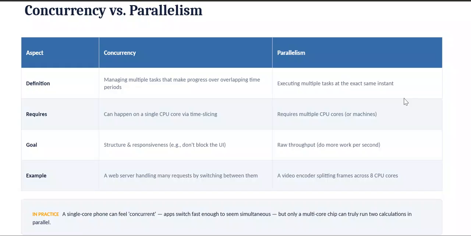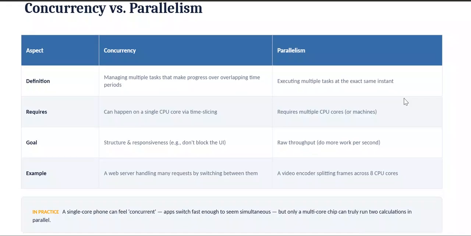So, concurrency versus parallelism. Definition: concurrency is the management of multiple tasks that make progress over overlapping periods.